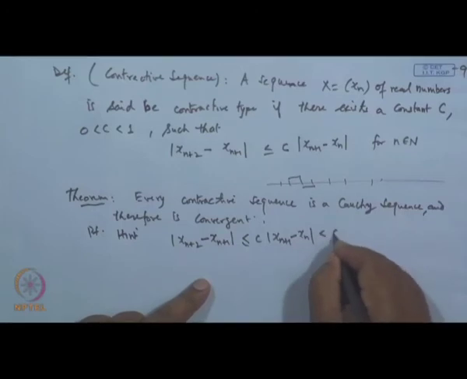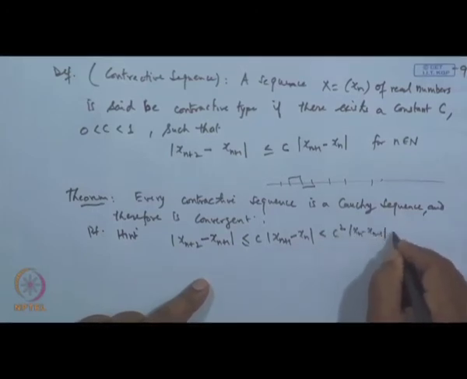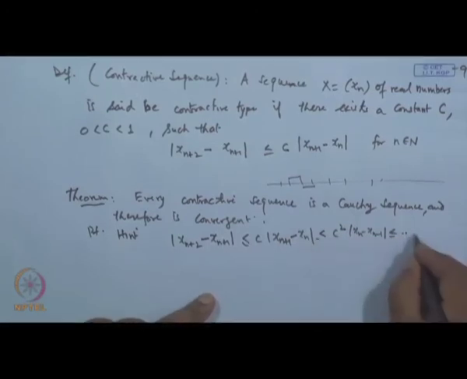Again apply this. So, it is less than c square mod x n minus x n minus 1, and continue this. Finally, you get less than or equal to c to the power n times mod x 2 minus x 1.